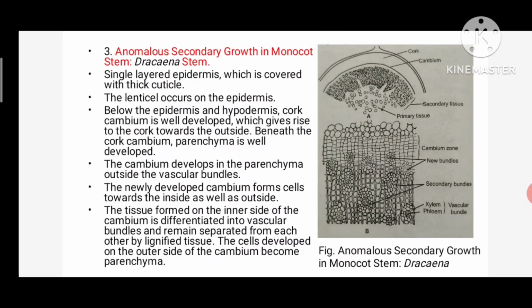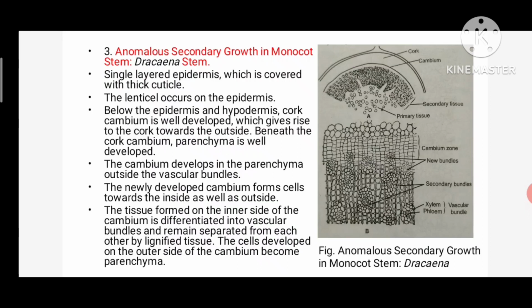Number 3, anomalous secondary growth in monocot stem, for example, Dracaena. Single layered epidermis which is covered with thick cuticle. The lenticel occurs on the epidermis.